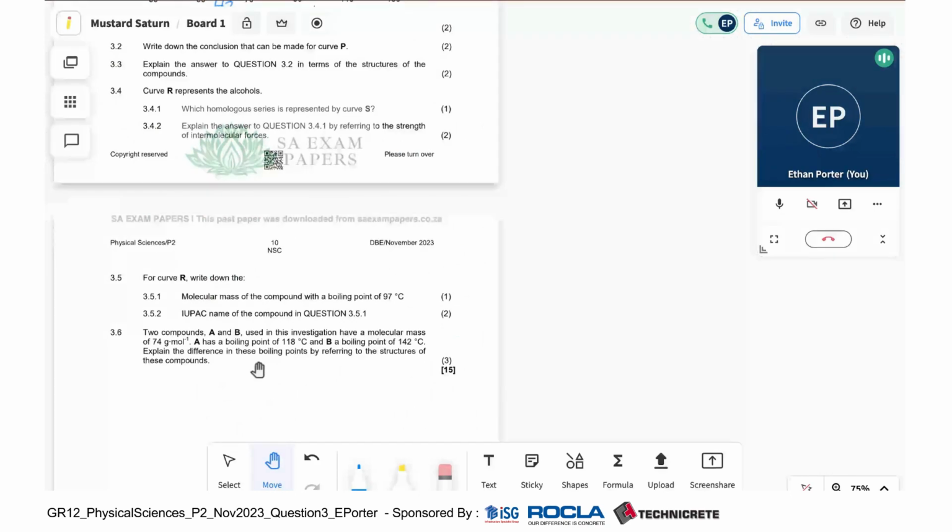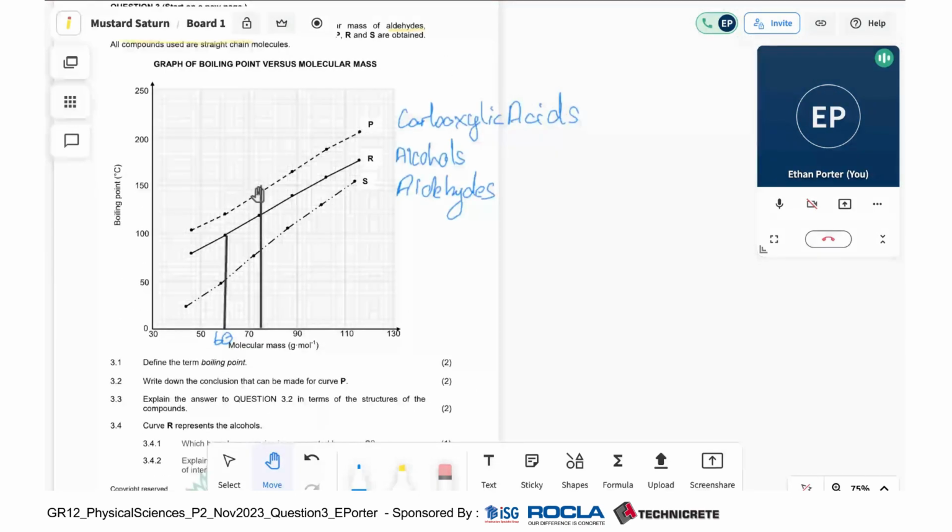And then they tell us that A has a boiling point of 118 and B of 142. So A, with the lower boiling point, is definitely an alcohol. So, okay, now we have some information. So A is an alcohol, and B with the higher boiling point is a carboxylic acid.